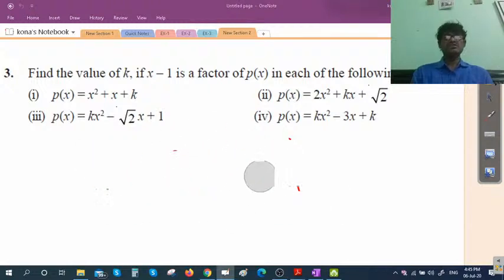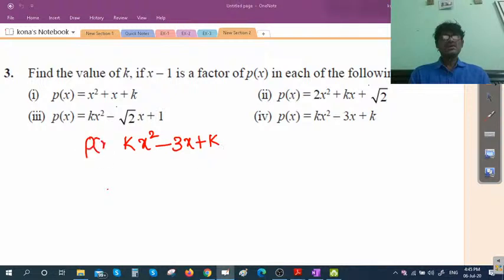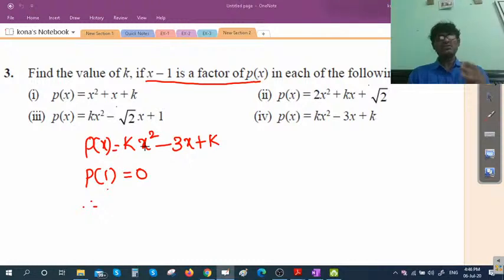Here, given that p of x is k x square minus 3x plus k. Now, x minus 1 is a factor of p of x. So, p of 1 equal to 0. Therefore, p of 1 means instead of x, you substitute 1.